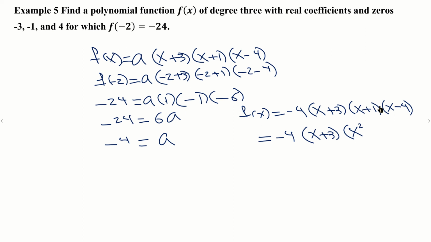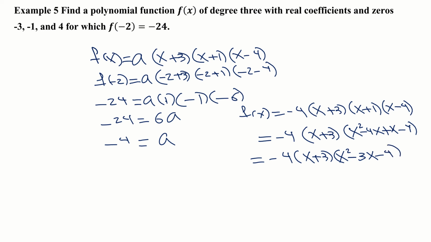Here we're just multiplying x by both of those, so minus 4x. And we'll go ahead and multiply the 1x, and minus 4, so plus x minus 4. So we get -4 times x plus 3 times x squared minus 3x minus 4.